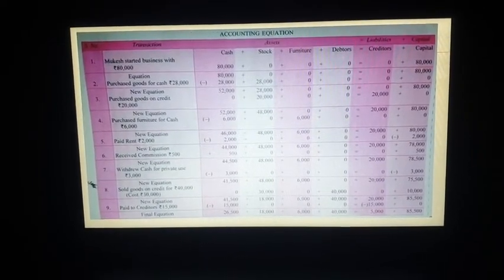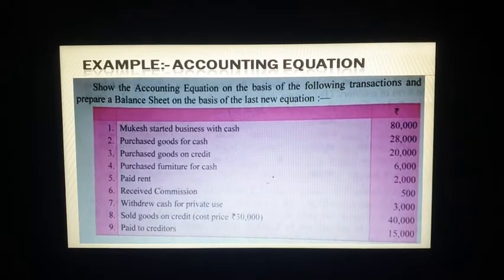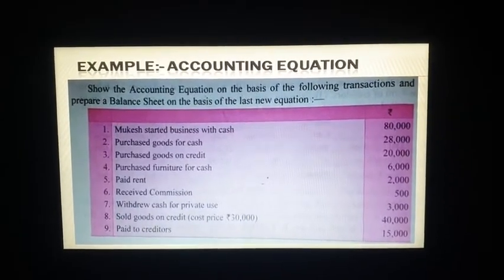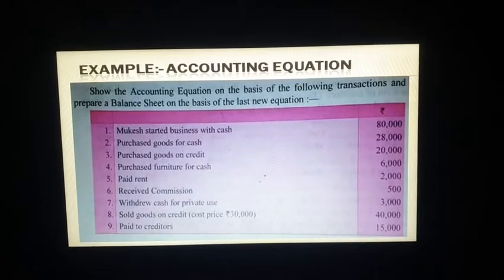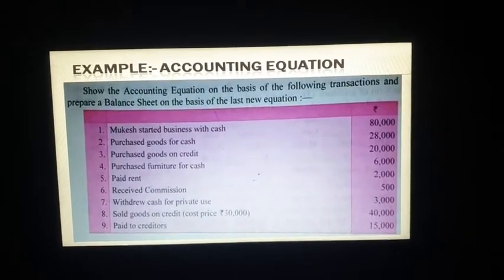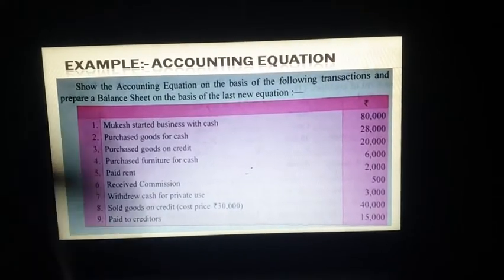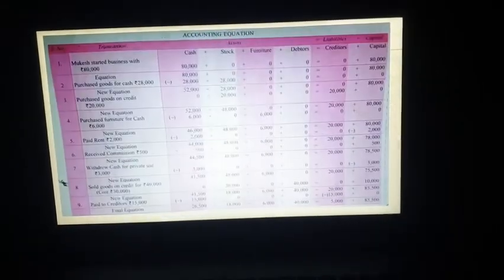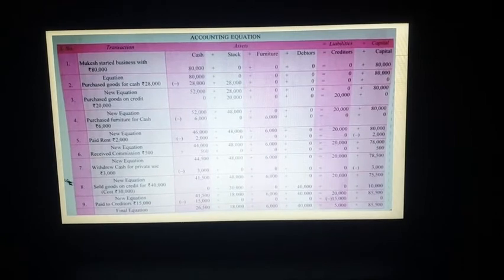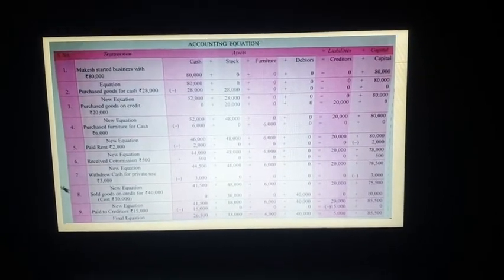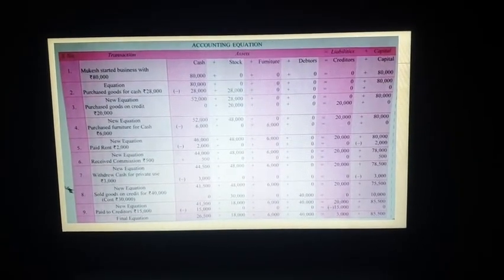Now move to the last part, point number 9. Point number 9 is paid to creditor, 15,000. In this case, creditors will reduce by 15,000 and paid means cash is also reduced by 15,000. So cash is reduced by 15,000 in point 9, and creditors are also reduced by 15,000.